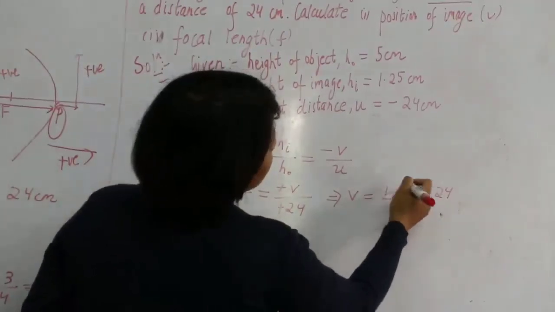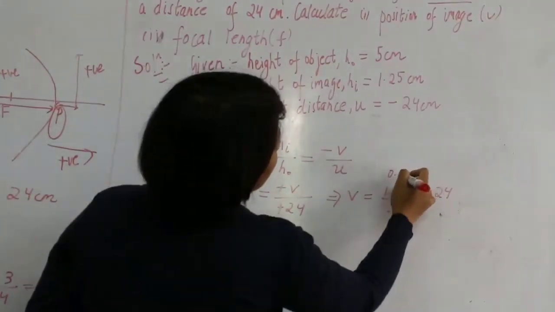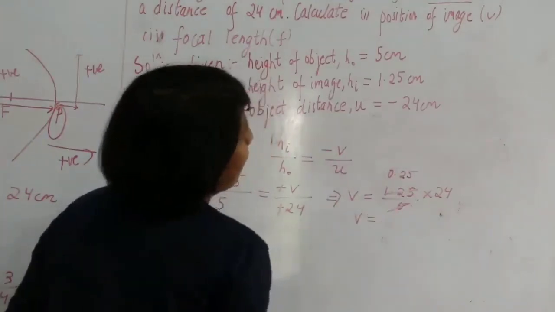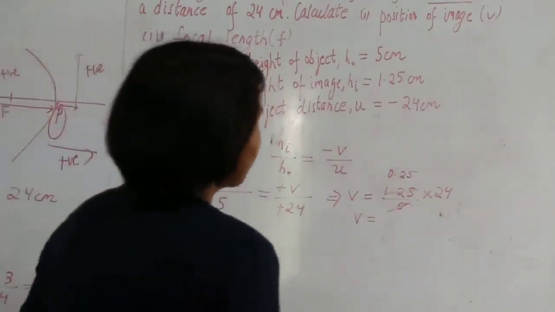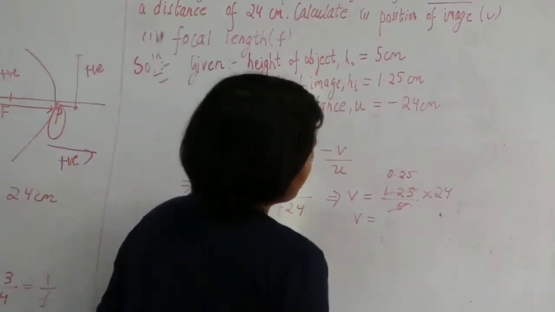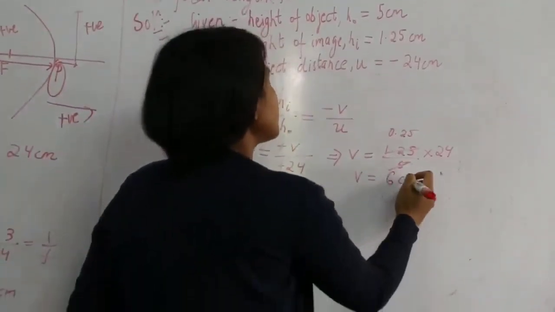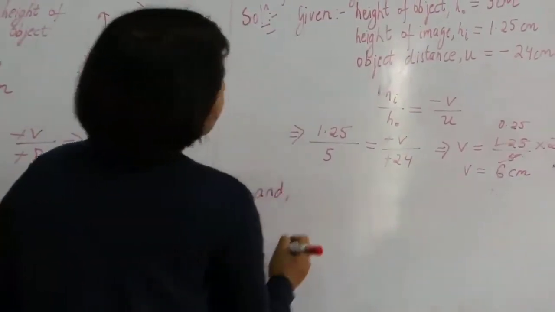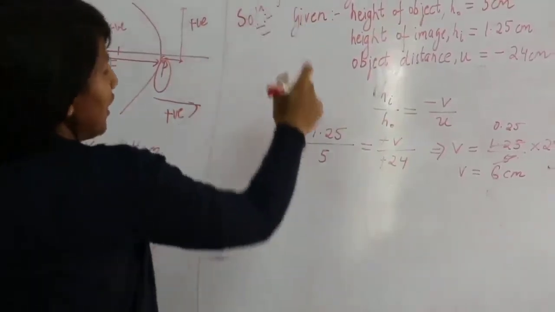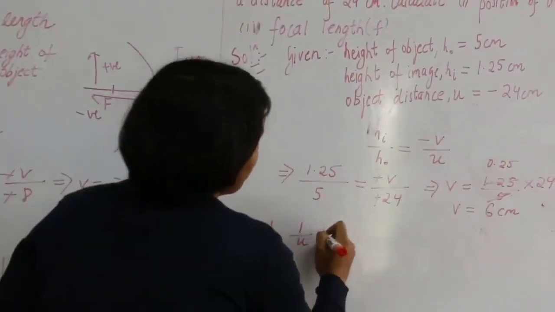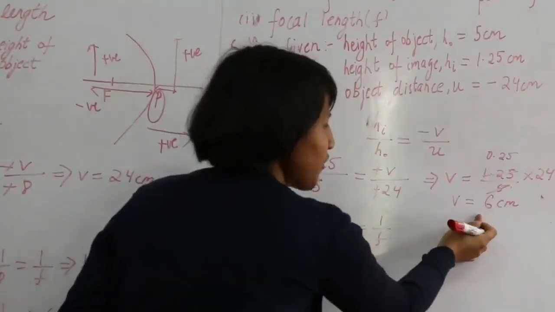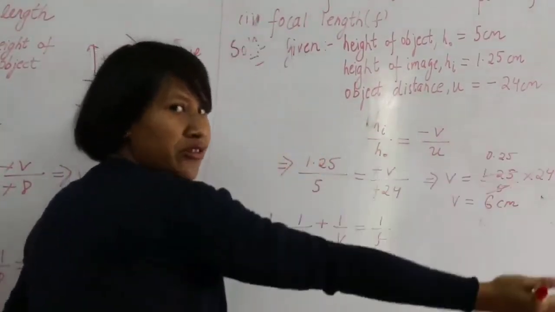You cancel this, and the minus, so you get 6 centimeter. It is positive because it is virtual, to the right of the pole.